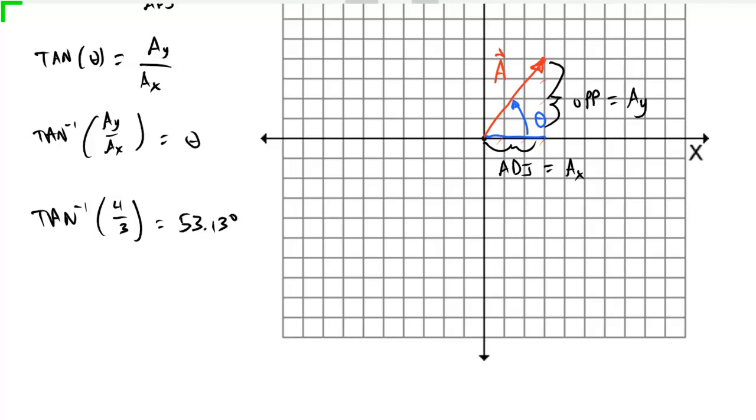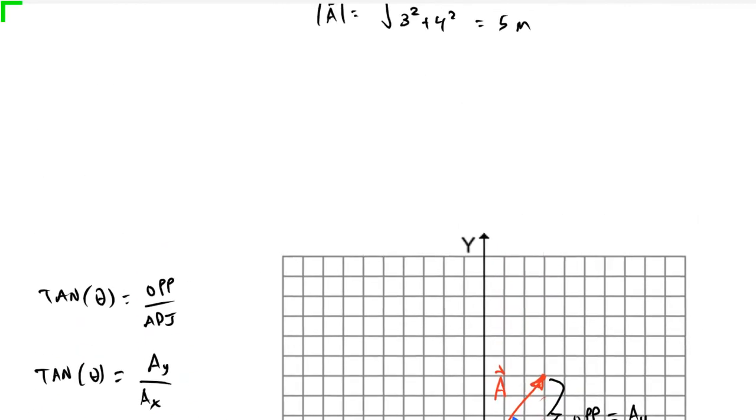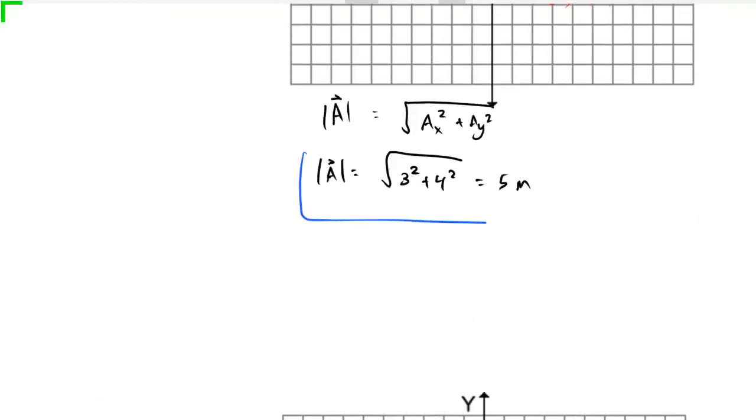This is the angle theta. So theta is equal to 53.13 degrees, which now we've found the angle in standard position, and we've also found the magnitude of vector A.